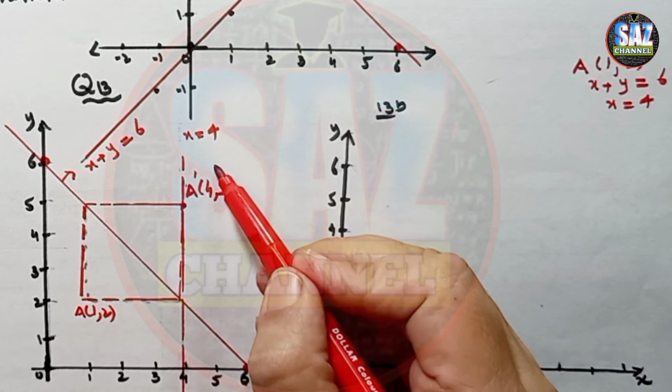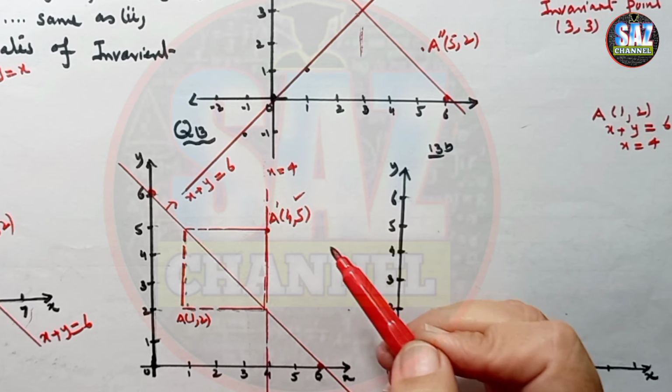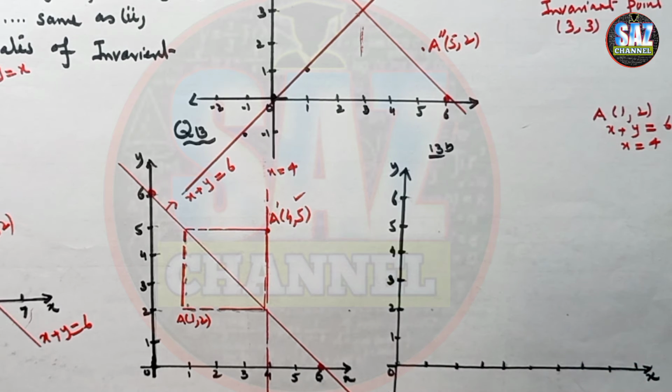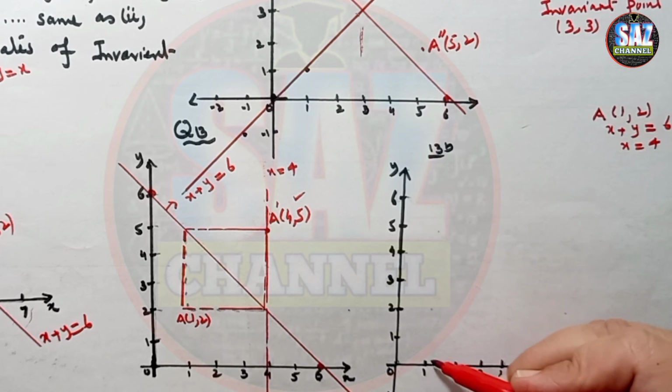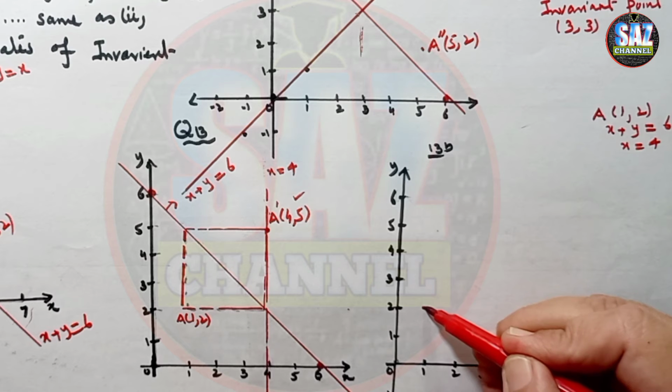Now let's move to the second part of the question that says the object A, 1 and 2, is reflected first in the line x equals 4. Let me mark my x-axis: 1, 2, 3, 4, 5, 6, 7, 8 and 9. Point 1, 2 is reflected, meaning x value is 1 and y value is 2.